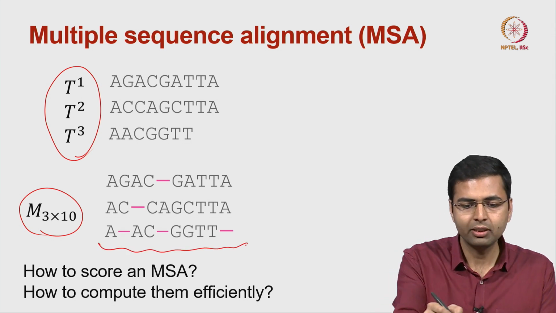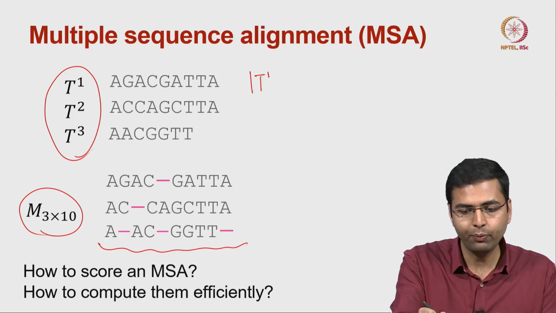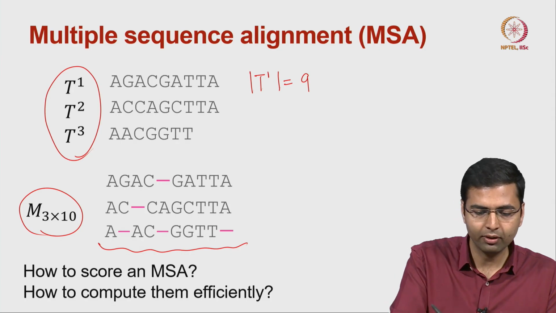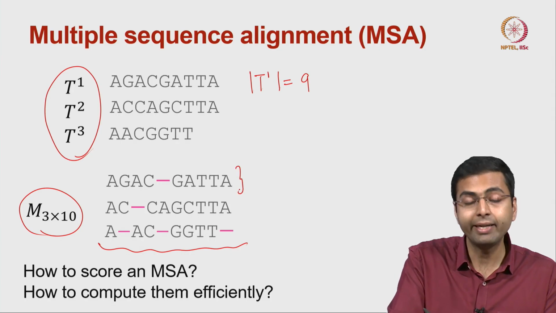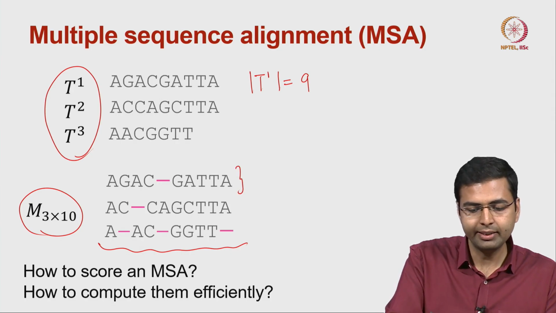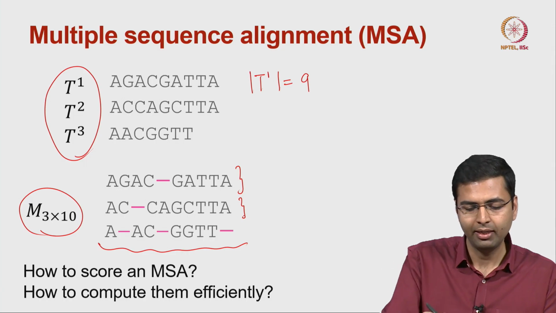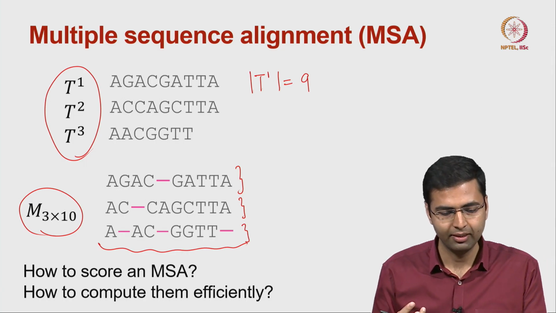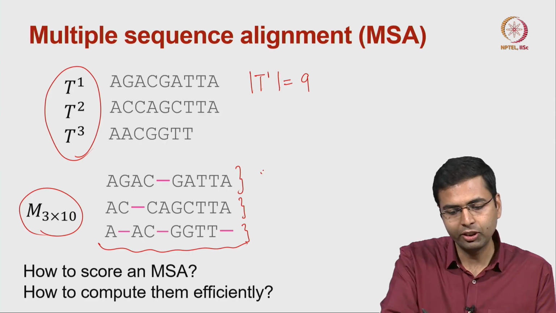The length of sequence T1 is 9 and N equals 10, therefore the first row will have 1 dash symbol. Similarly, the second row has 1 dash symbol and the third row has 3 dash symbols. So overall this is a 3 cross 10 matrix.